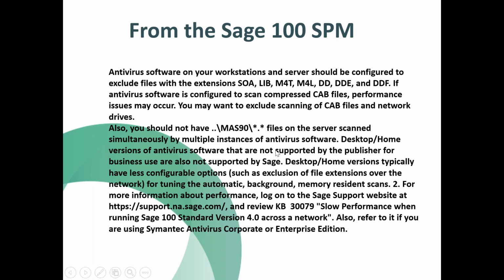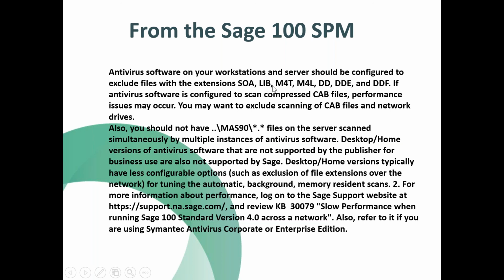This information that I listed here, there's a lot of words and a lot of information, but it literally is 2 paragraphs that I pulled off of the supported platform matrix. So you know that whenever you do an upgrade, we always send you what the hardware requirements are for your server, your workstations, and your operating system. And this is listed on that matrix talking about antivirus software.